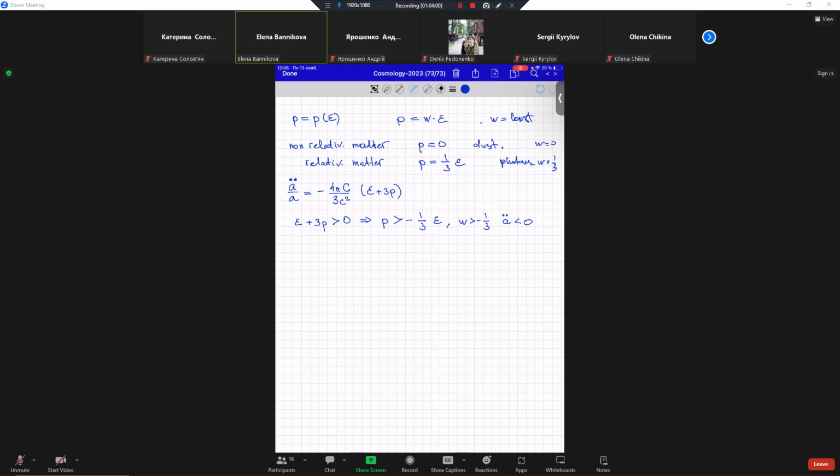Beautiful. Even intuitively we can understand that if you have some gravitating solid sphere which is expanding, the gravity will work against this expansion, and this expansion will be with deceleration.